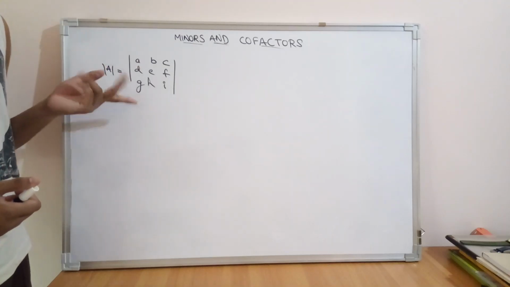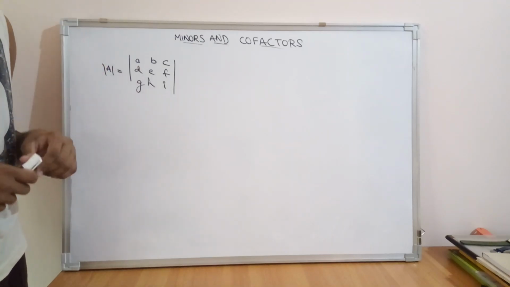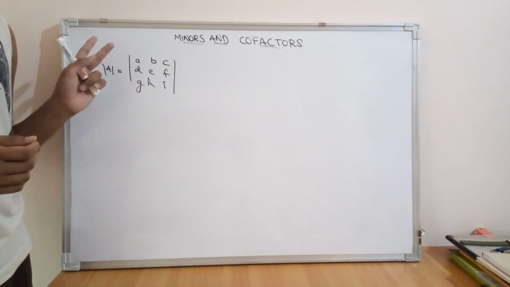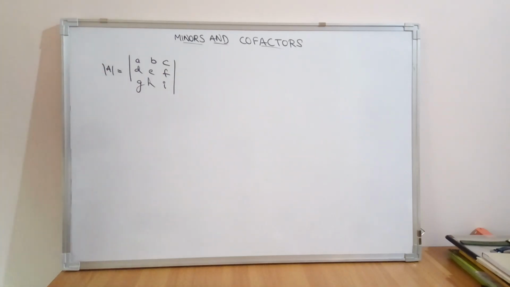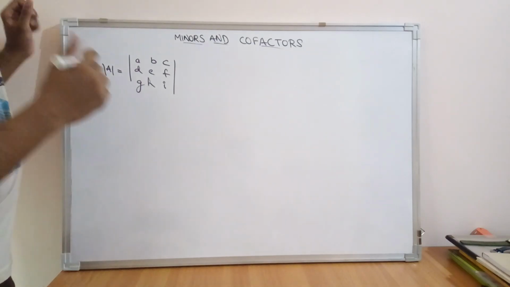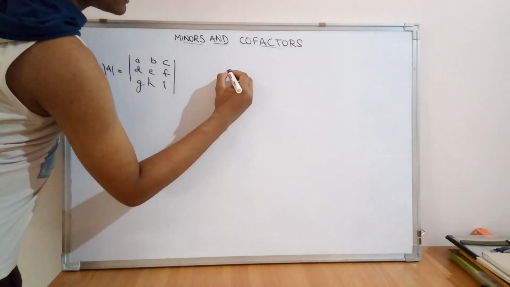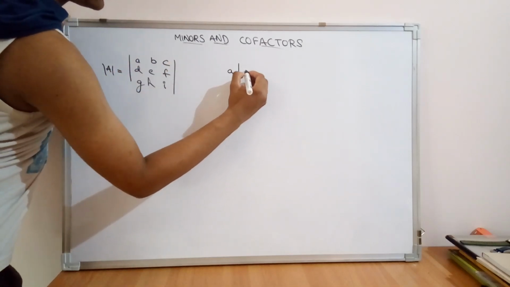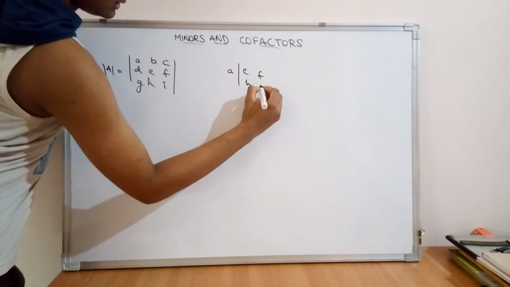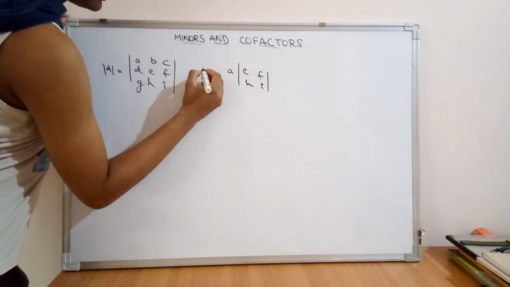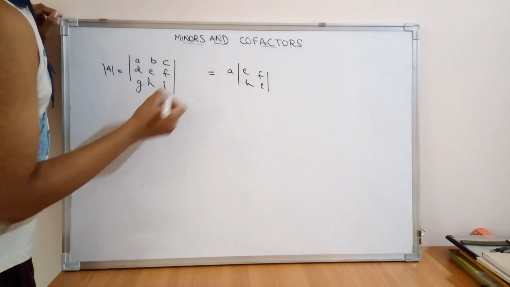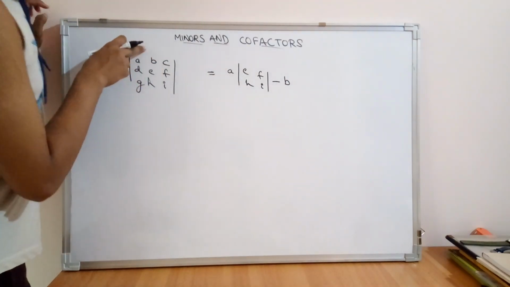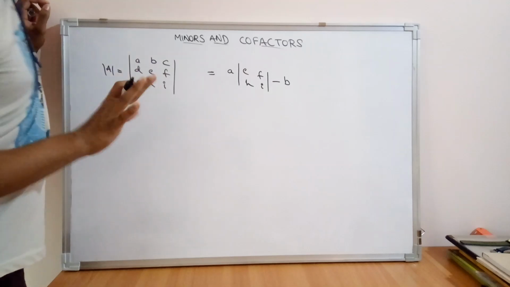So, consider the determinant of A to be like this. We'll find the cofactor of each element. Maybe I'm trying to expand using the first row. If I expand using the first row, it comes to be A into the determinant E, F, H, I. I can write it equal to A into that, then minus B, because it was the second term, I use that rule.